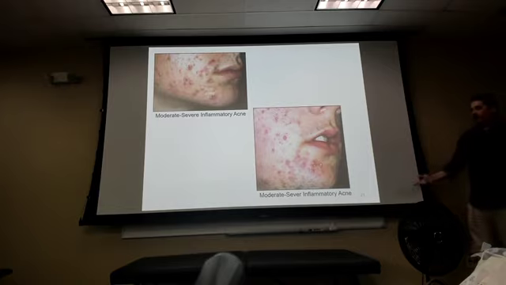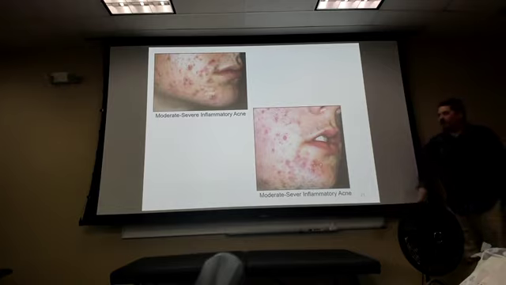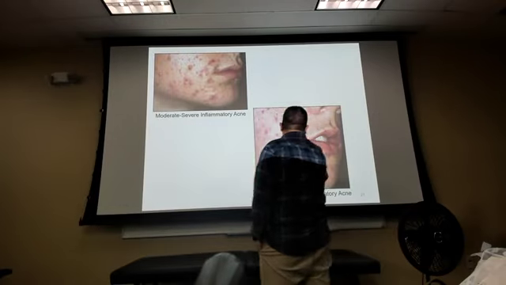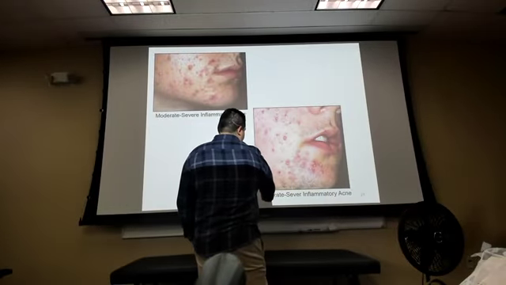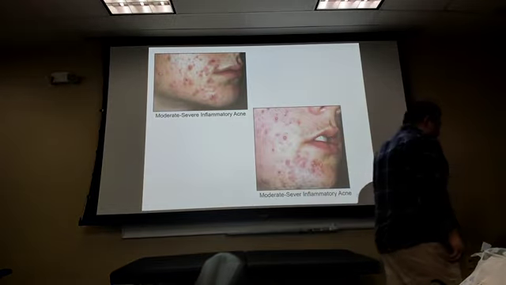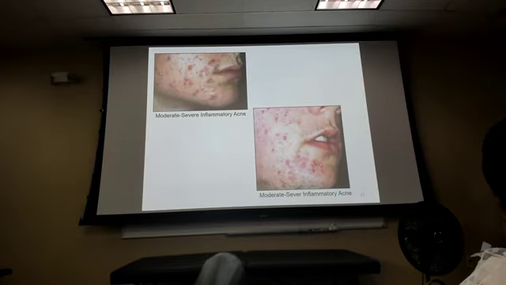Because with moderate, we usually have how many nodules? One or two. So right there is one. We can see one over here, but everything else is all of those pustules.